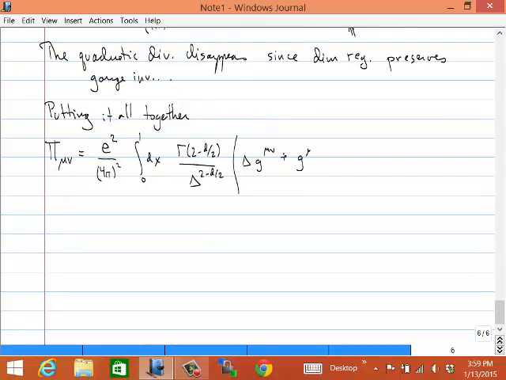We have a g mu nu times m squared plus x times 1 minus x p squared, and a p mu p nu times x times 1 minus x. And delta here is equal to x times 1 minus x p squared minus m squared.